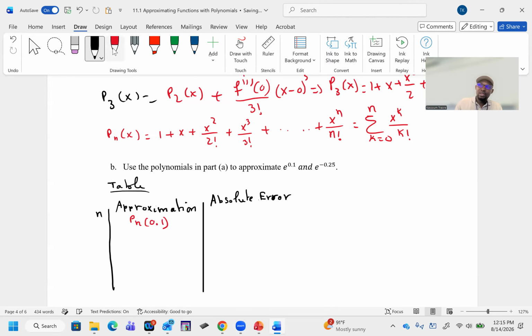And then my absolute error will be what? e to the power of 0.1 minus P sub n of 0.1. Then I will do the same thing for the approximation of negative 0.25, okay?